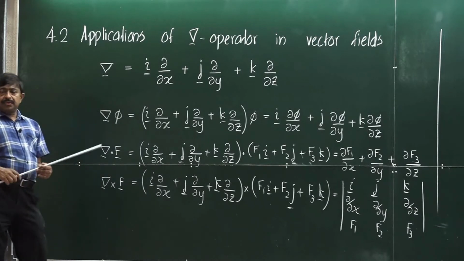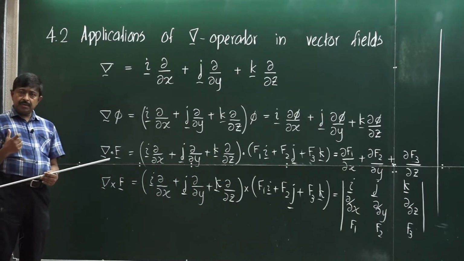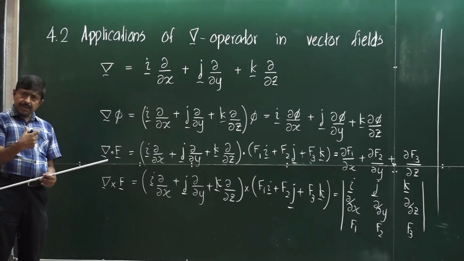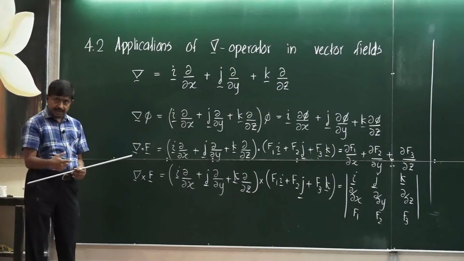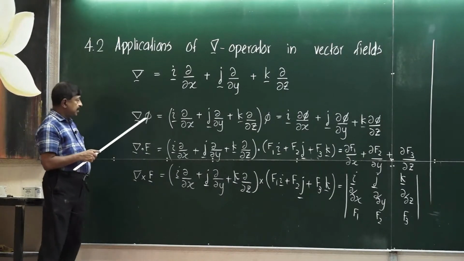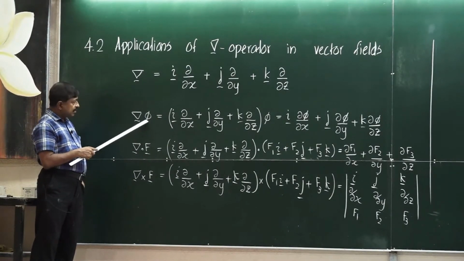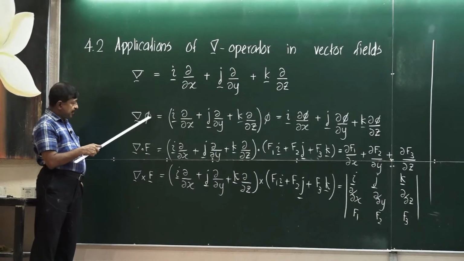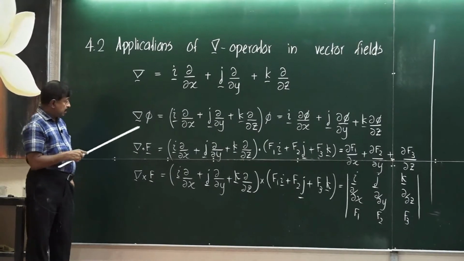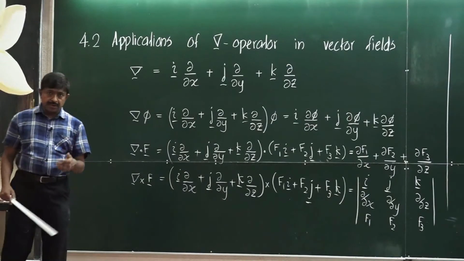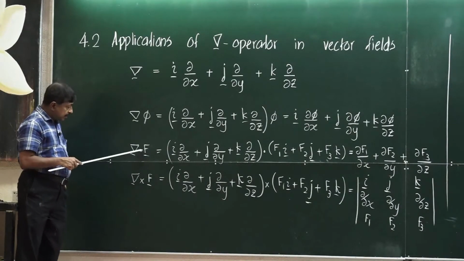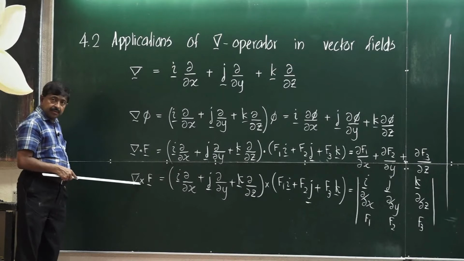Now, since this is a vector operator, you can operate it with either a scalar or a vector. With a scalar, say phi is a scalar, you can simply take grad phi. With a vector, the multiplication is twofold: either you can take the dot product or the cross product.